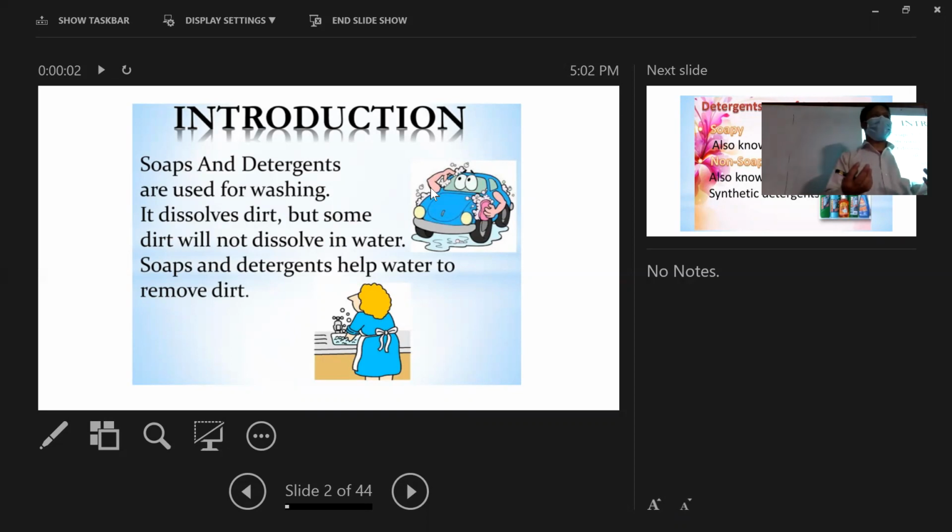Oils are hydrocarbons, so they are non-polar. So you need something which can dissolve into hydrocarbon. Normally we use water to wash our clothes, but water is a polar solvent, so the oil cannot be washed into water. Then how can it happen?